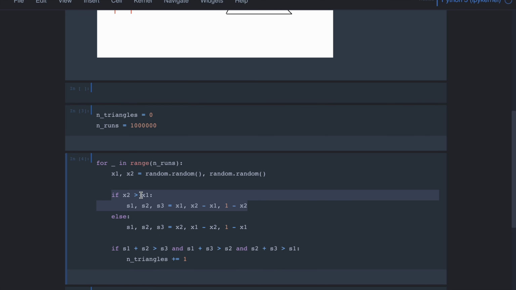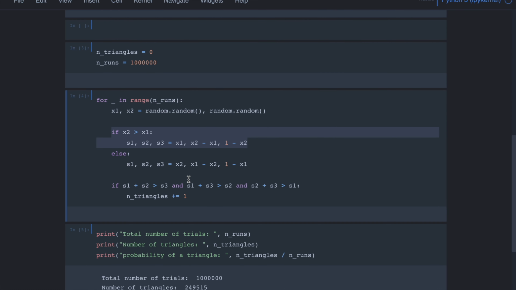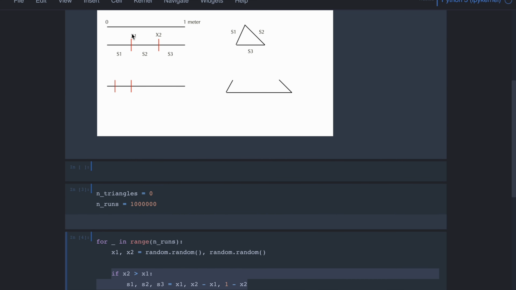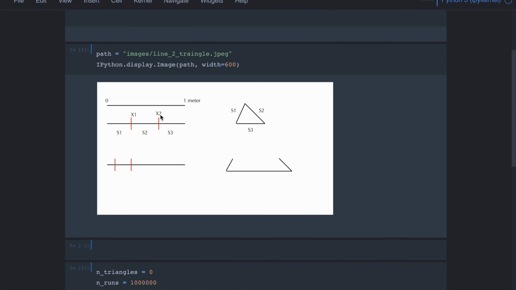Now, if it's the other way, for example x1 happened to be greater than x2, the logic simply reverses. So the length of the first segment will be x2, the length of the second segment will be x1 minus x2, and finally the third segment will be 1 minus x1, because here we have x1.